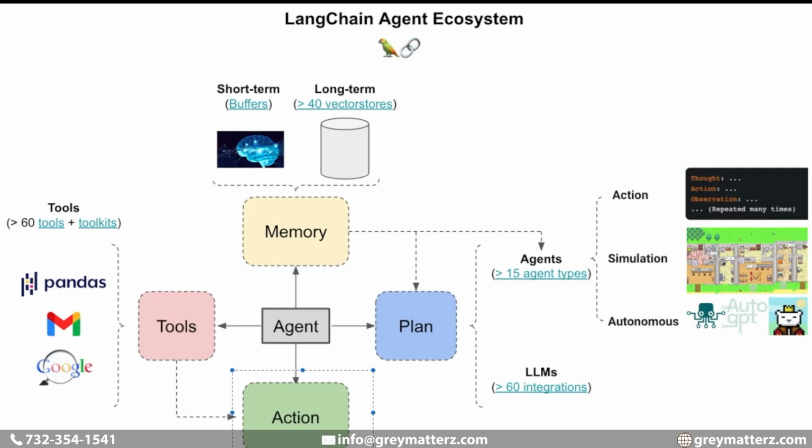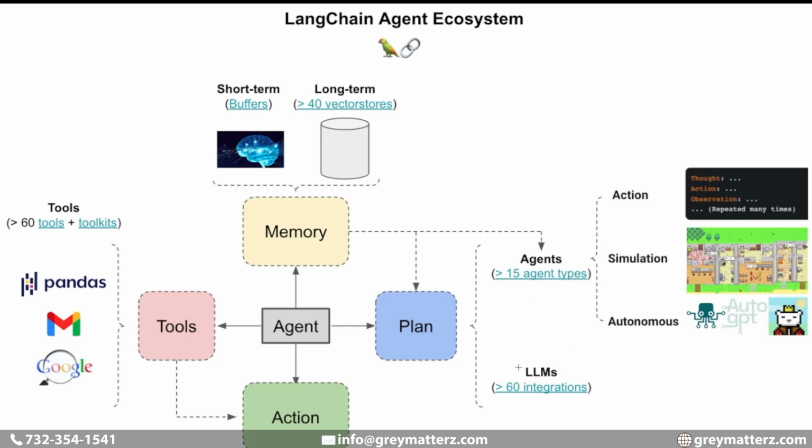This is where the agent interacts with the external world or external environment. Then, when it comes to agent types, we have more than 15 agent types, designed for specific tasks, each for specific use cases and functionalities. These agents can be specialized for different domains and tasks.